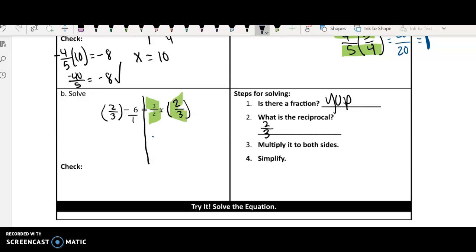So that leaves me with just x equals on that side. And then multiply straight across. So 2 times negative 6 is negative 12 over 3 times 1 is 3. And then negative 12 divided by 3 is negative 4.